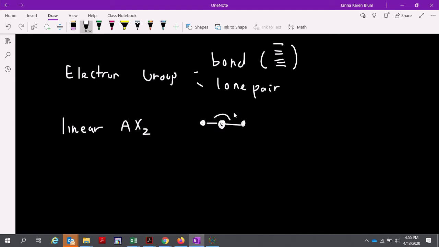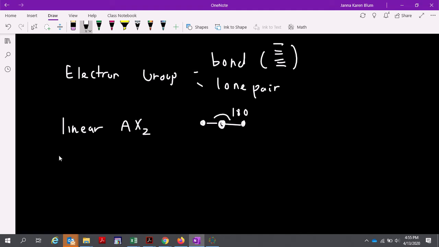And we have 180 degrees. If I replace one of these bonding groups with a lone pair, it doesn't really change the geometry here. So we don't really talk too much about this situation where I have just a lone pair of electrons on the central atom here. It's still going to be linear.